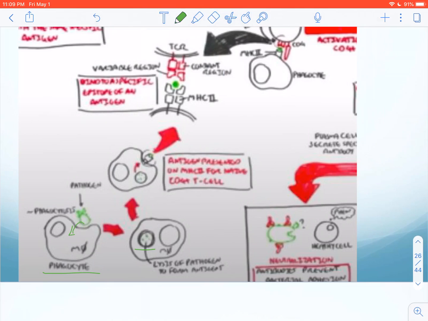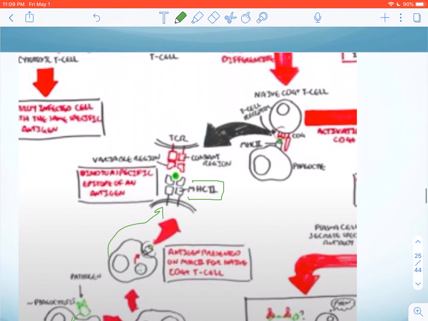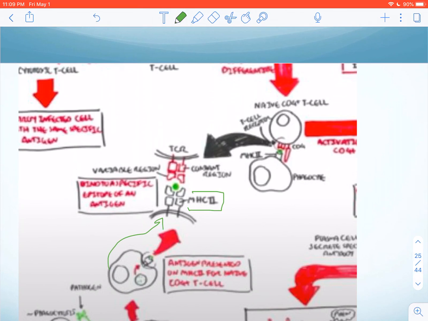It engulfs a bacteria, destroys the bacteria, and presents that bacteria. But now that bacteria, or chunk of bacteria, virus, or whatever, is being presented on an MHC2 protein. That binds and activates the CD4 receptors.